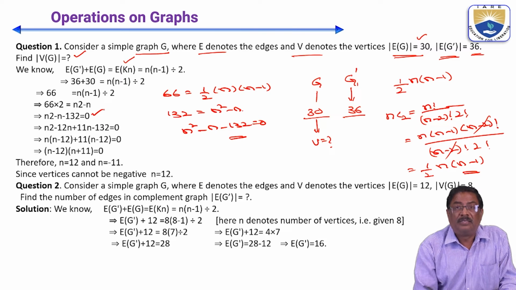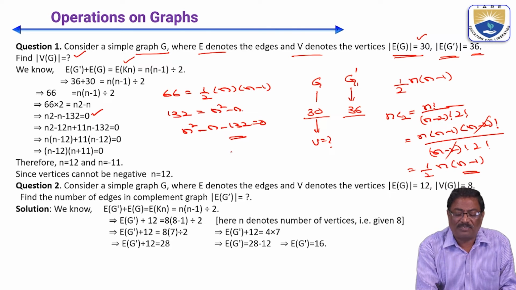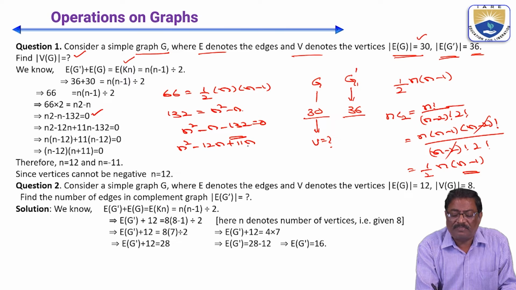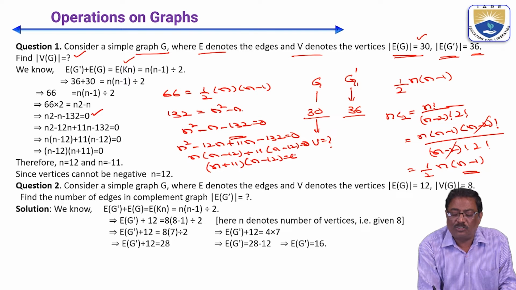Then by finding the factors of this, it is 12 and 11. So it is n square plus 11n minus 12n minus 132 equals 0. If we simplify this, taking n plus 11 and n minus 12, equals 0. So n equals minus 11 and 12.